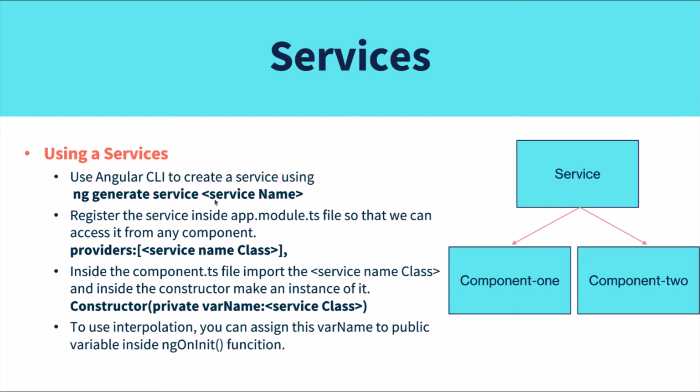You can also use the shorter form which says ng g s, g for generate, s for service, and then the name of the service. Then we also need to register this service in the app.module.ts file. There in the providers, we gave the name of the service class and also imported it at the same time.